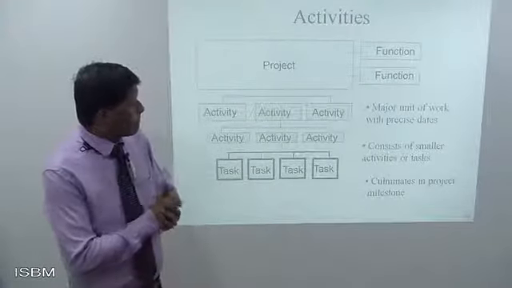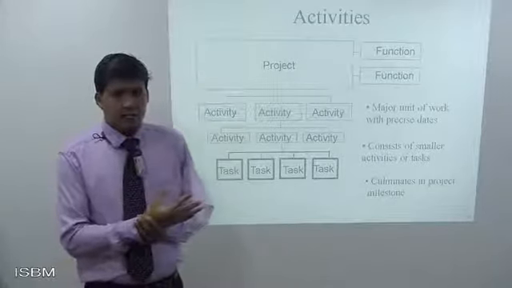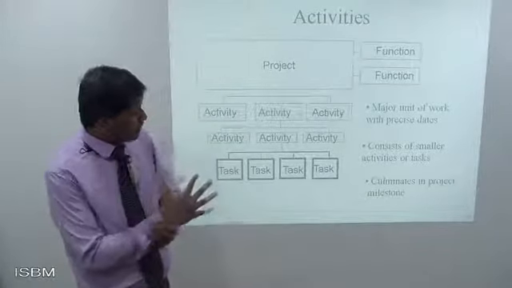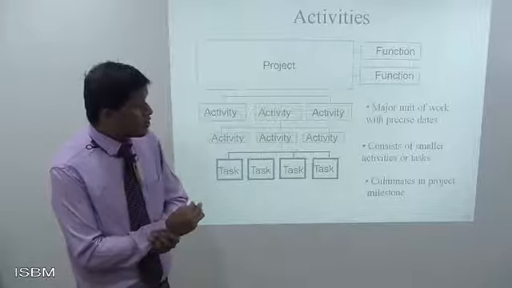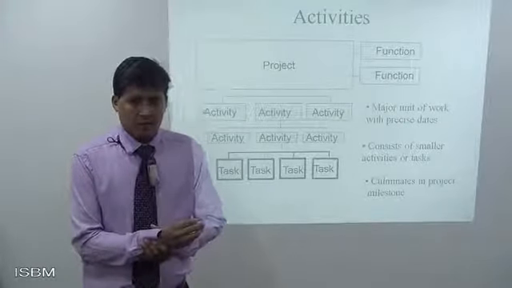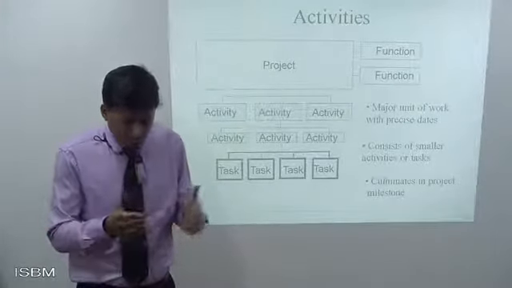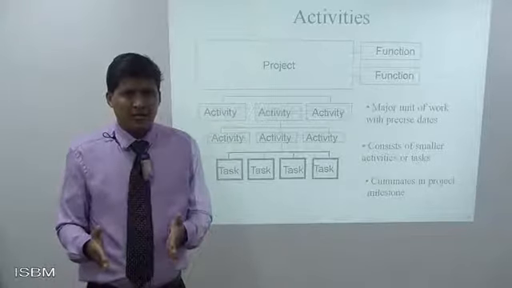When we look into activities, it is a major unit of work with precise dates. So it is a unit of work and also has timelines about dates as well.